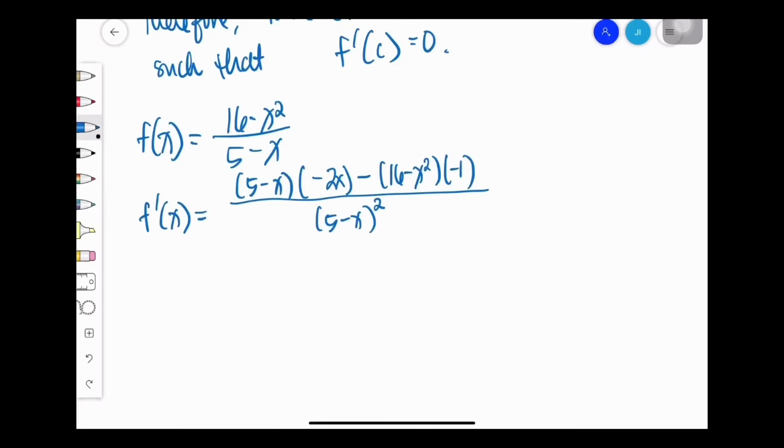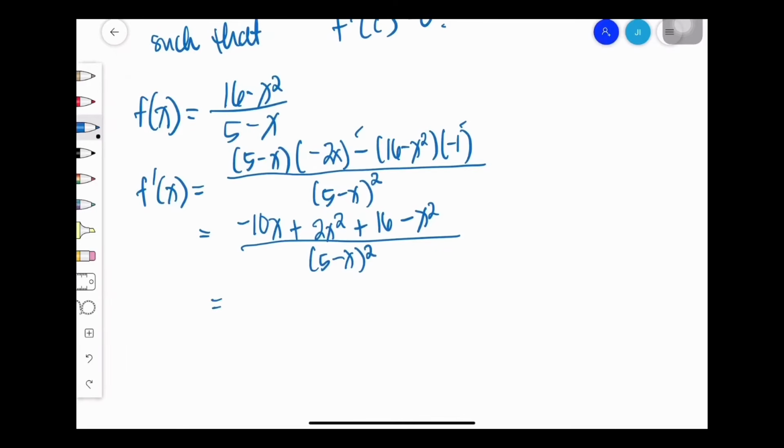Okay, simplifying this further, this is equal to -10x plus 2x squared. Negative times negative is positive, so plus 16 minus x squared, all over 5 minus x quantity squared.